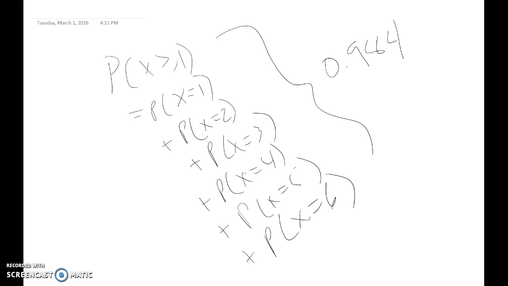is equal to 1 minus the probability that X is less than 1.